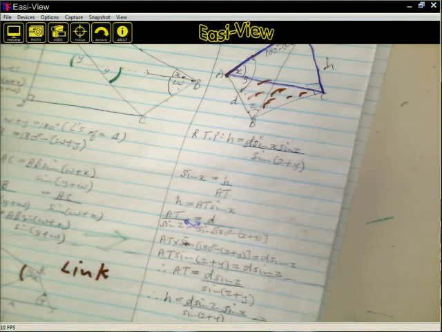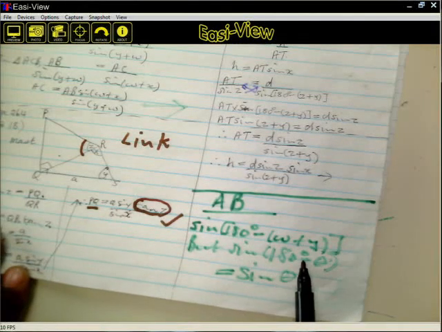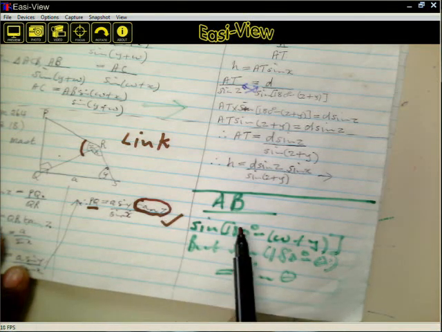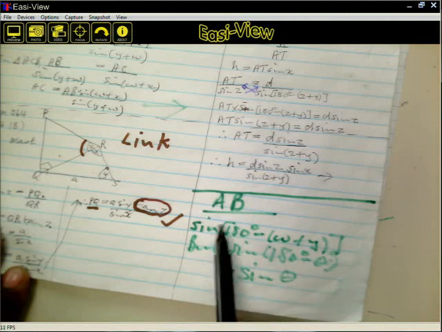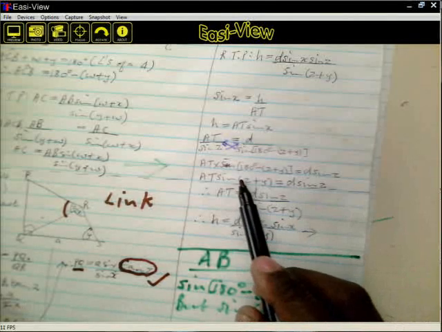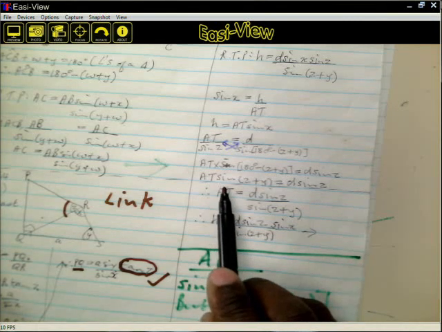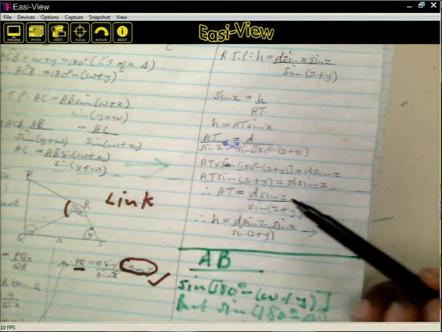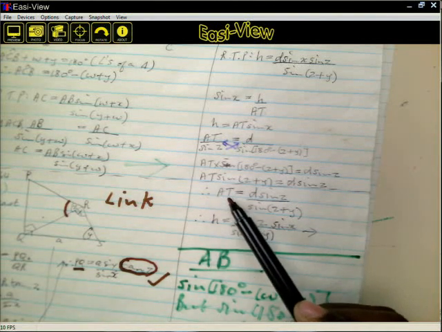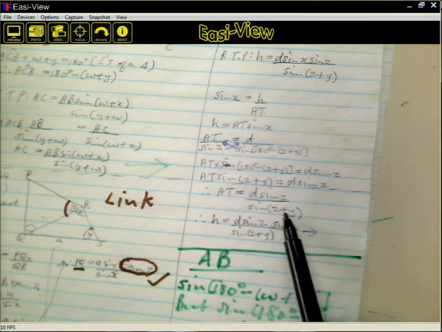But, like I indicated here, the sine of 180 minus theta is equal to the sine of theta. Similarly here, the sine of 180 minus z plus y is the same as the sine of z plus y, is equal to d sine z. Therefore, making AT the subject of the formula, AT is equal to d sine z over sine z plus y.